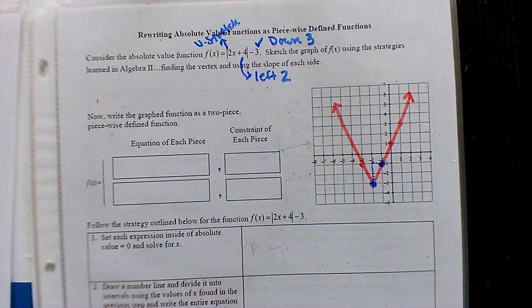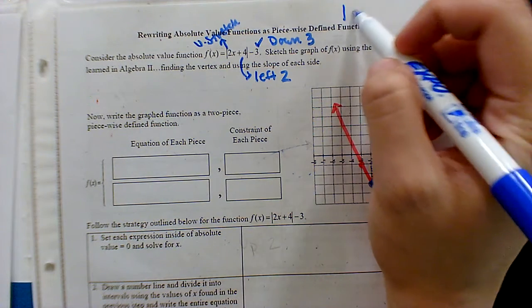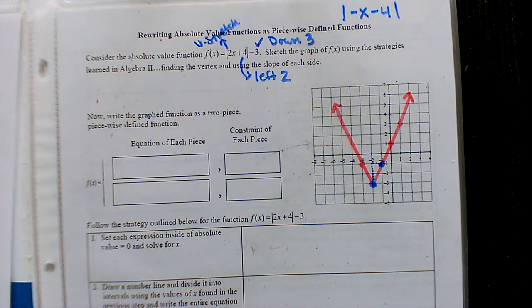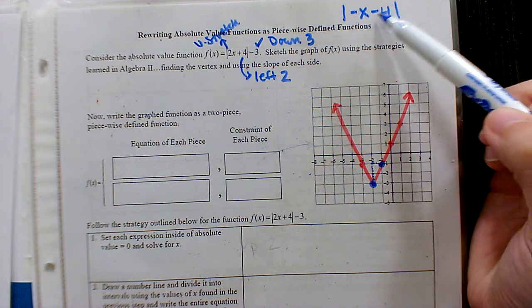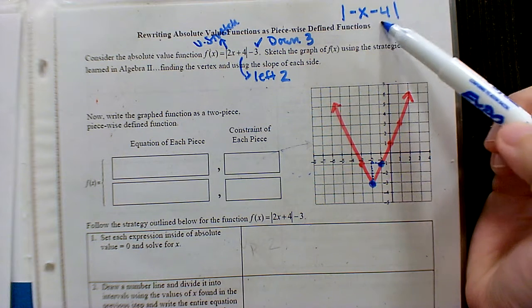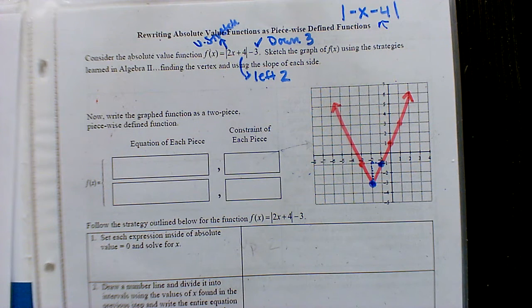So what do you think is causing, even though it's a plus 4, how do you think we can somehow get this left 2 idea? It's because the stretch is inside. Remember how in the last unit, if we had like negative x minus 4, something like that, you would think this would go right 4, but the negative on the inside is affecting that motion, actually making it go left.